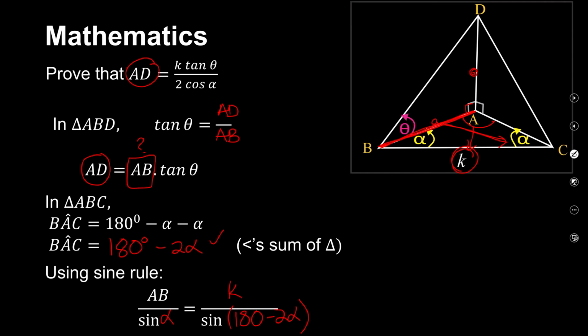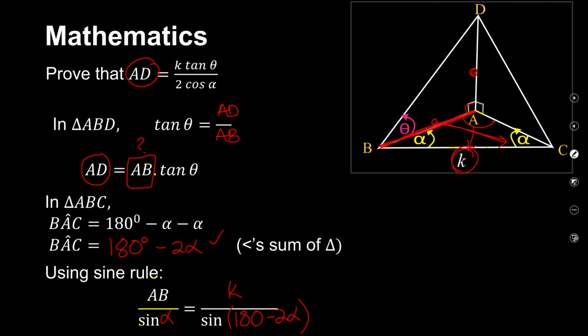So let's see what we've done again. We were looking to find AB because we wanted to substitute it in here. So AB over sine of the angle across it, alpha, is equal to k over the sine of 180 minus 2 alpha.